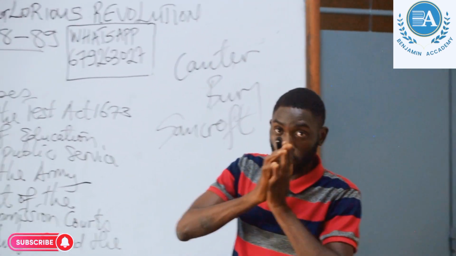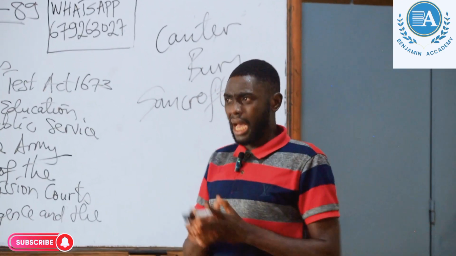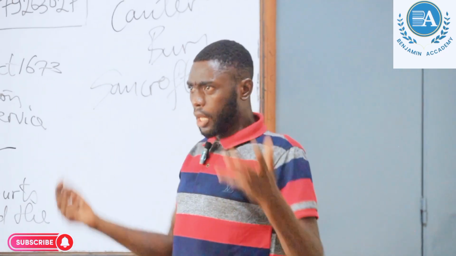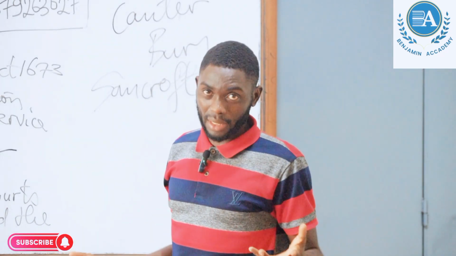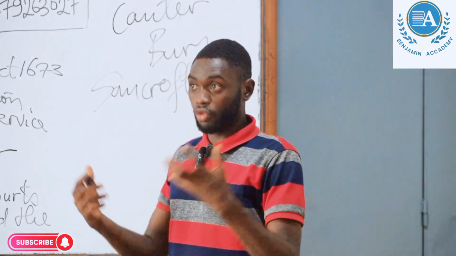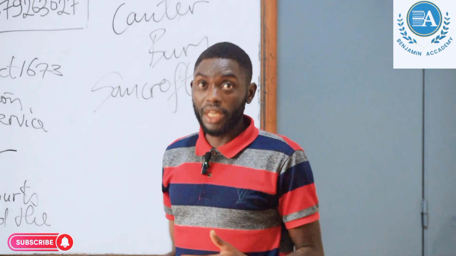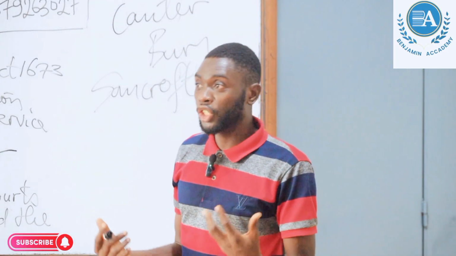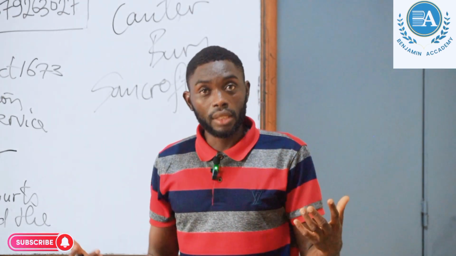They asked James to stop this declaration. What James did was that all these bishops were arrested and accused of treason and libel against the state. They were taken to court, and after judgment, they were released.